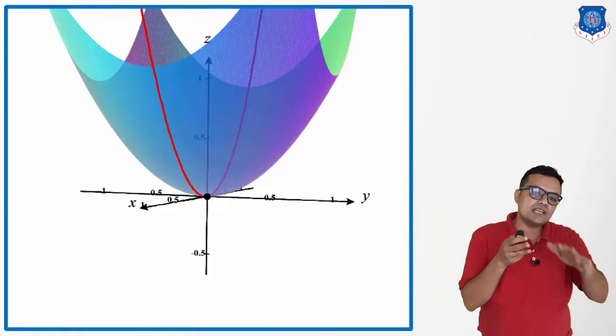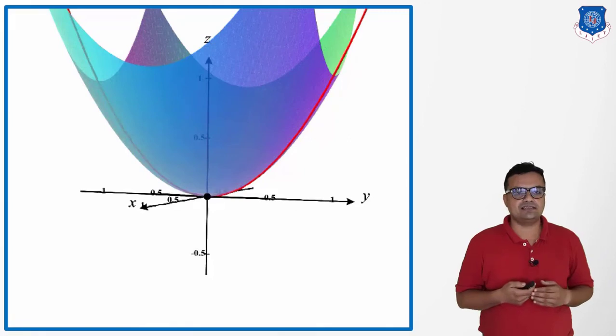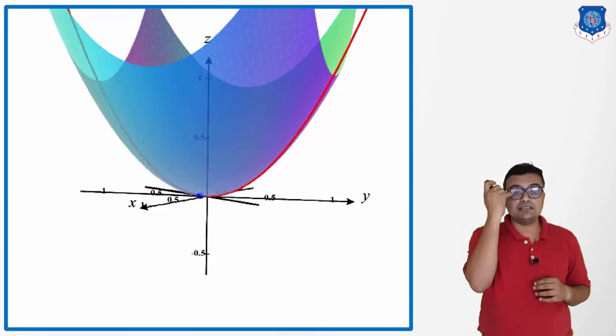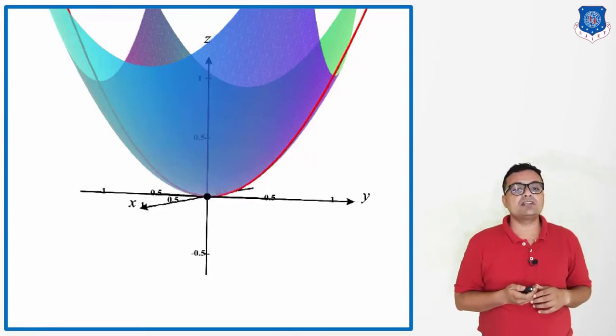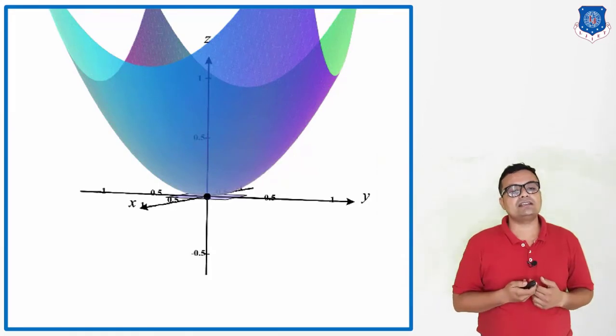Now if I do the same process with the help of the y-axis, then again I will see clearly that the tangent is moving on this surface, and whenever it reaches this point, the tangent is parallel to the y-axis, and so with zero slope.